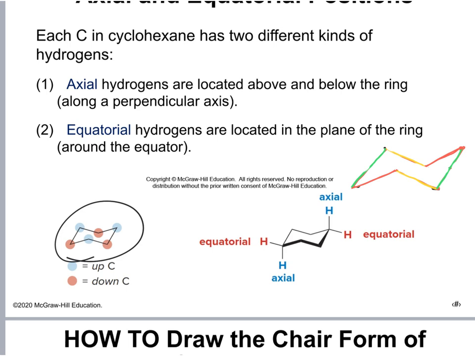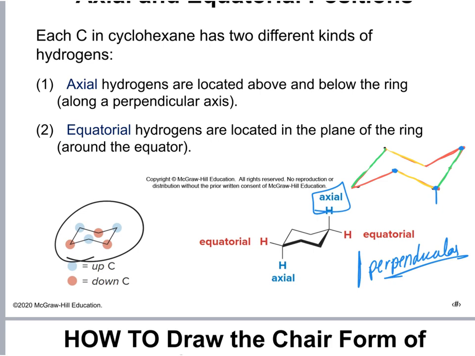The second thing you do is draw in all your axial. Axial is perpendicular. If you don't draw these correctly, and I can't tell, you're not going to get credit. You see how this carbon is down compared to this carbon that is up? Think about the framework.